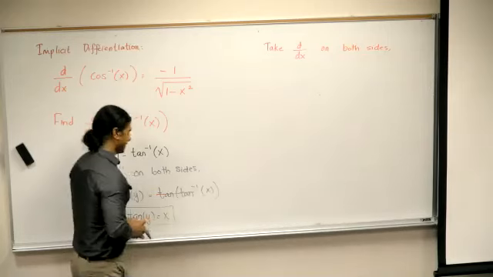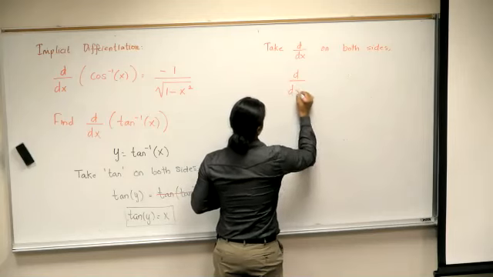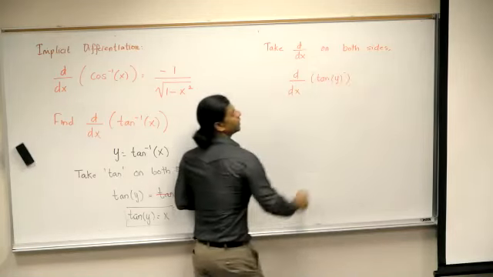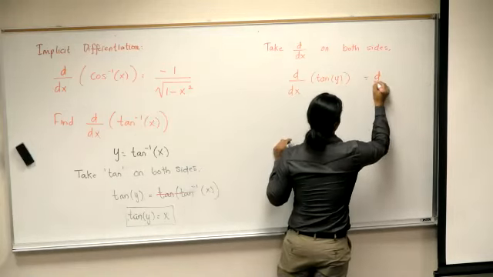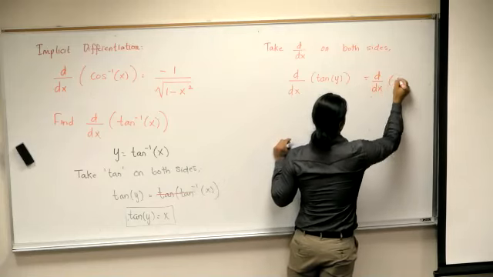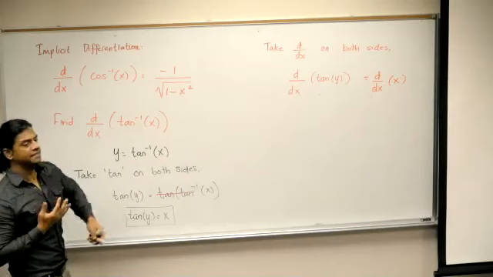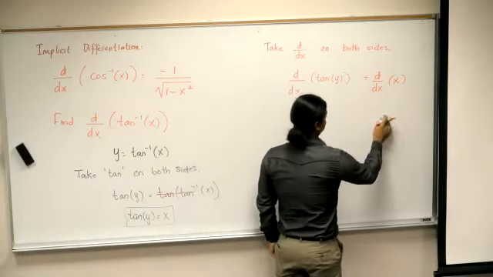So on the left-hand side, I will have the derivative of tangent y. On the right-hand side, I would have the derivative of x with respect to x. So what is the right-hand side? One.